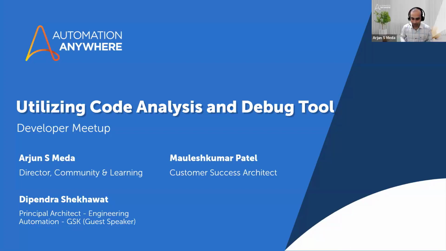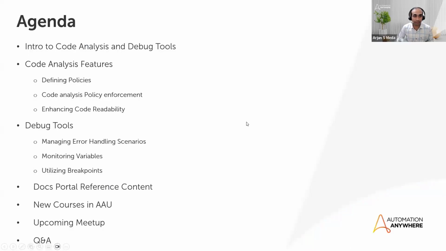I'll quickly introduce the agenda for today. We have an action-packed session. As we are going to talk about the code analysis features and the debug tools, code analysis features will be introduced by Maulish Kumar, and Deependra will talk about the debug tools. After that, we will have Srilata from the Docs team to showcase what they have on the Docs portal regarding these topics.